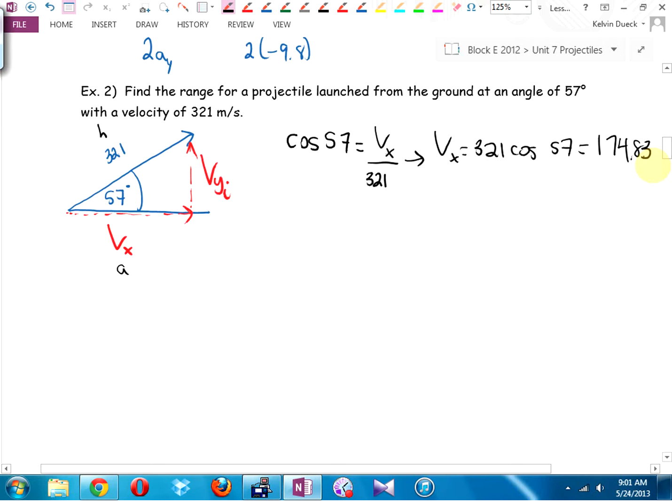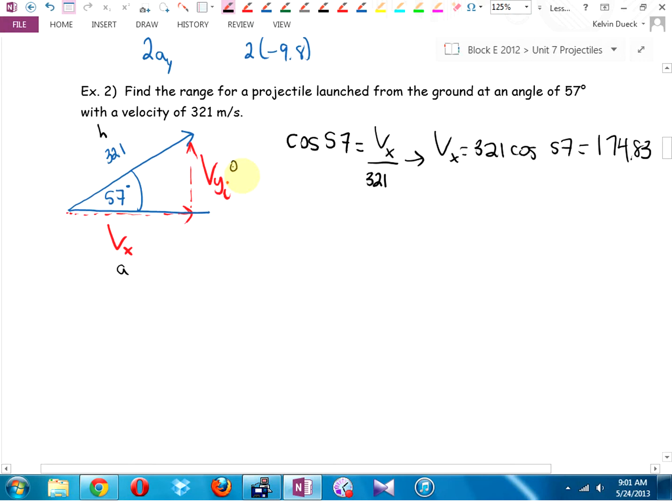Since they didn't actually ask me to find this as an answer, I just know I'm going to need this. I'm not going to put boxes around it, these aren't final answers, and I carry a few extra sig figs. Perry, Vy, opposite, adjacent, or hypotenuse on my triangle? And which trig function? Cos or sin?